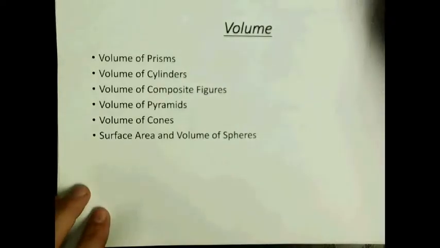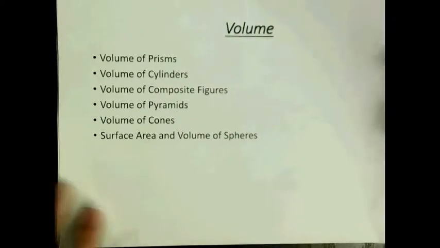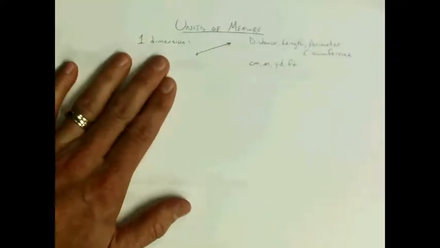Before we do, let's do a quick review on the concept involving units of measure. When we talk about volume, it's important to recall units of measure. In one dimension, we're dealing with just plain old units: centimeters, meters, yards, feet. Those are for distance, length, perimeter, or circumference.